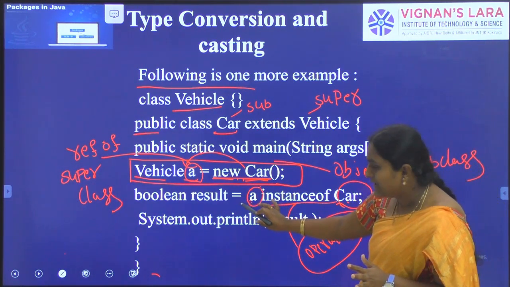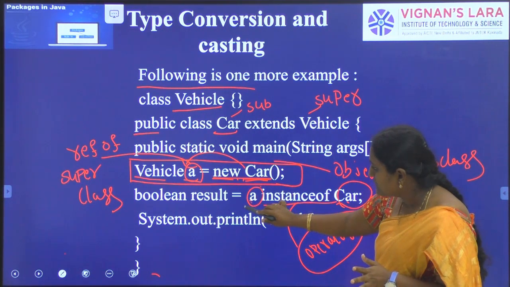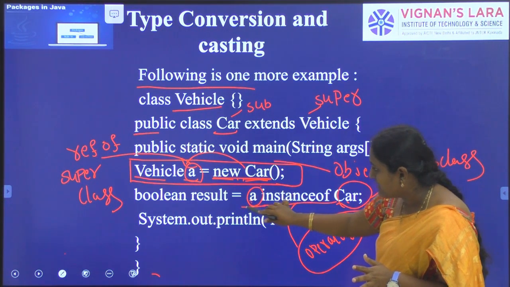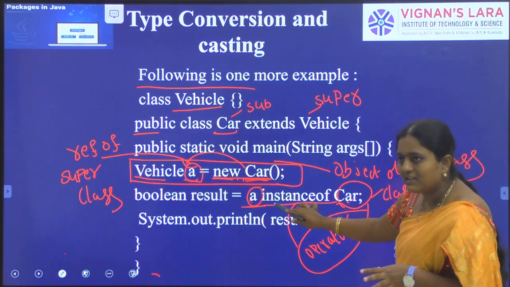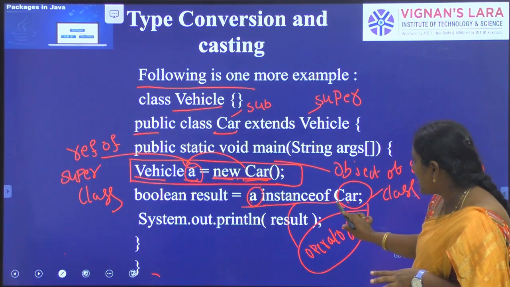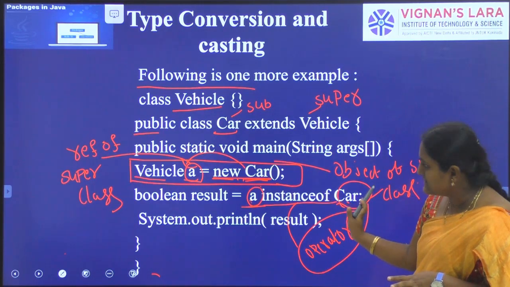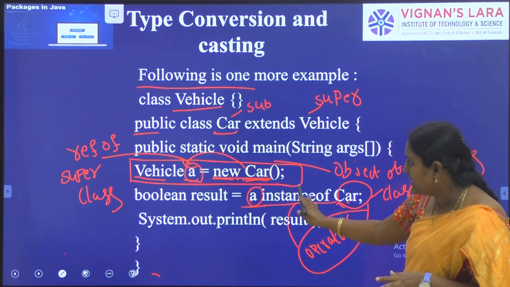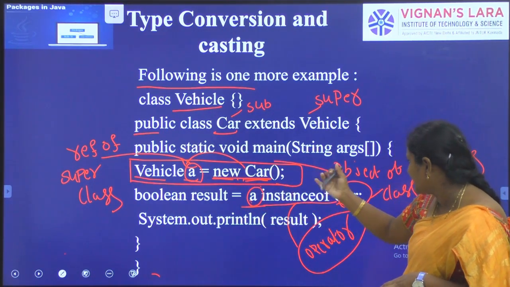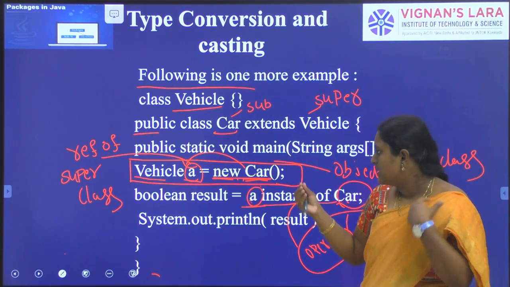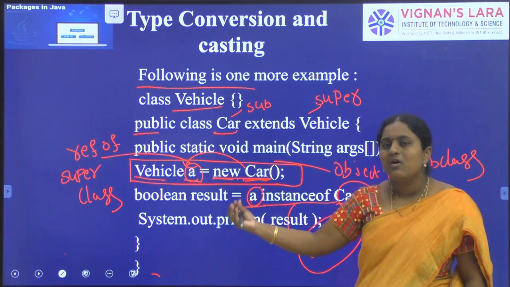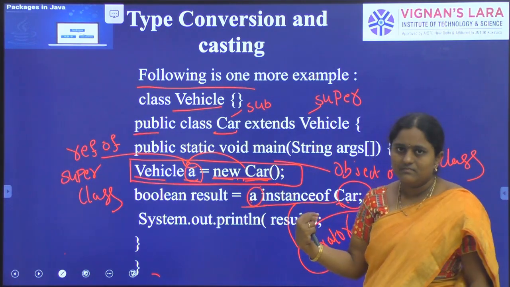What is on the left-hand side? It is the object name. The right-hand side is Car, which is a class. So it checks whether A belongs to the class Car or not. Yes, A belongs to the class Car.